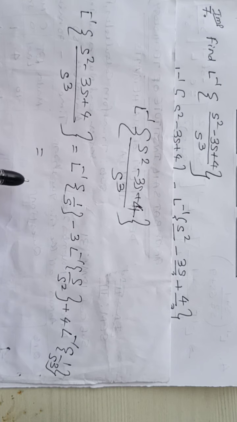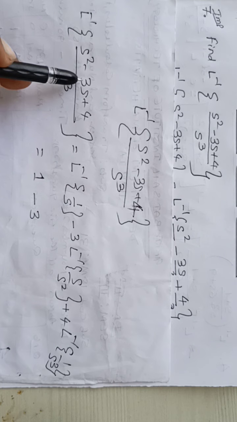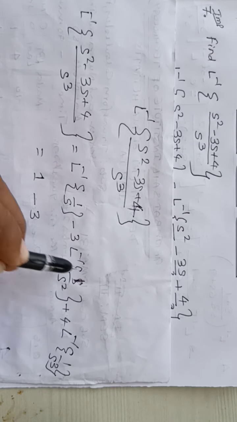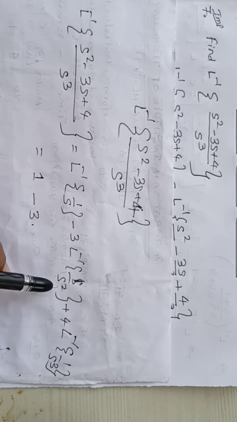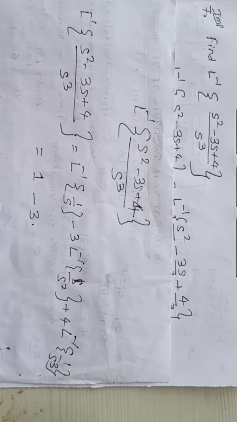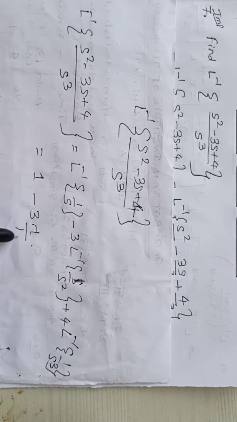So Laplace inverse of 1 by s is 1, and minus 3 Laplace inverse of 1 upon s square. Here it is directly s raised to n plus 1, n is 1 here, t raised to n, it is 3 divided by 1 factorial, here 1 factorial is there, t raised to 1.